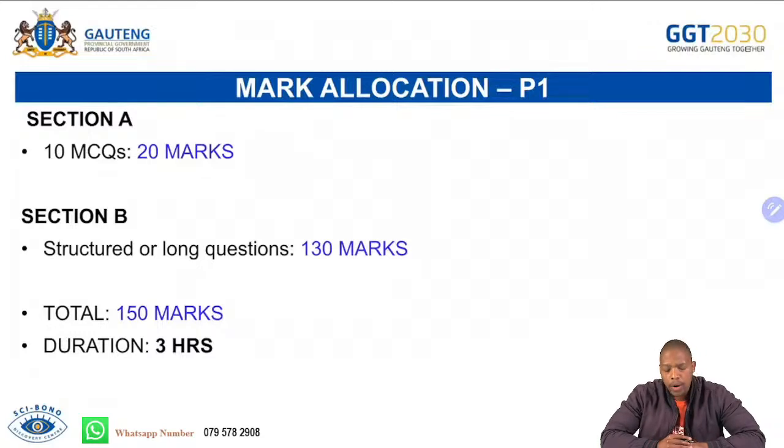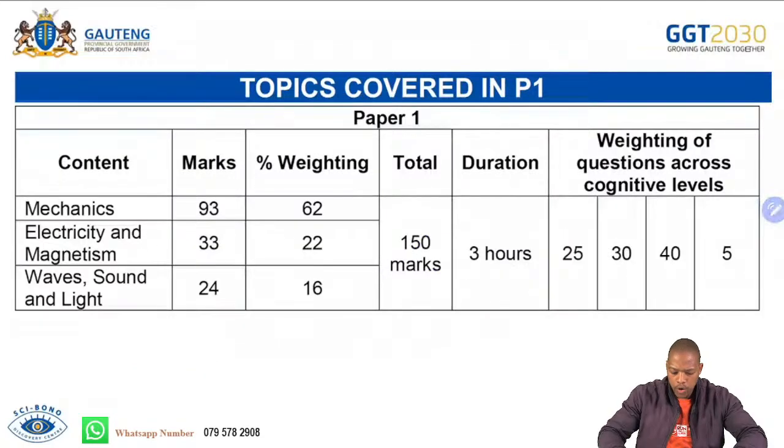That is usually 130 marks if we do not have the matching items or the one-word items in section A. But if there are matching items and one-word items in section A, then section B will be 122 marks. The total of the whole question paper is 150 marks, and the duration is, of course, 3 hours.